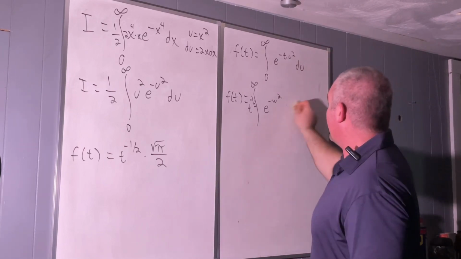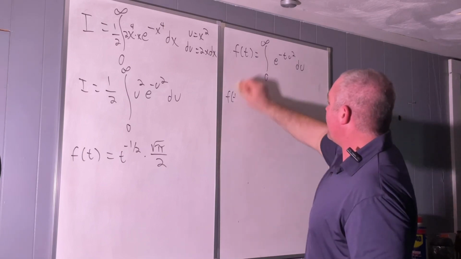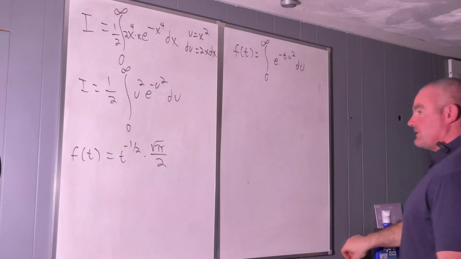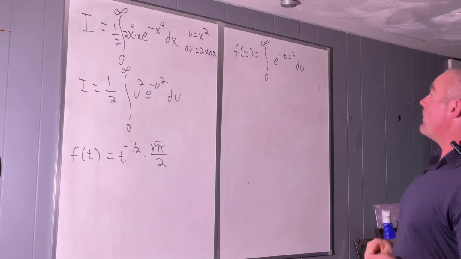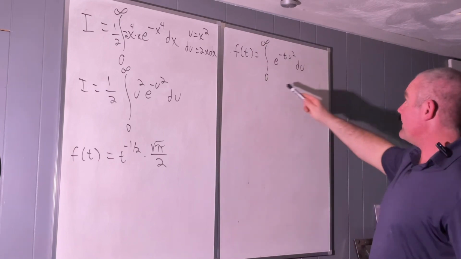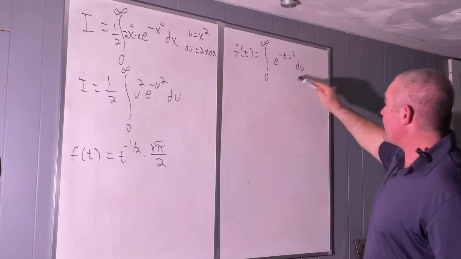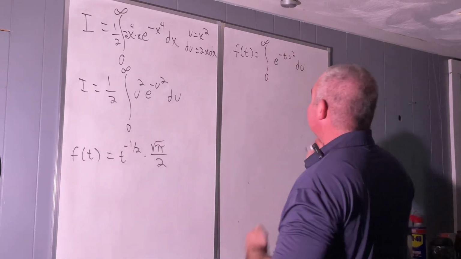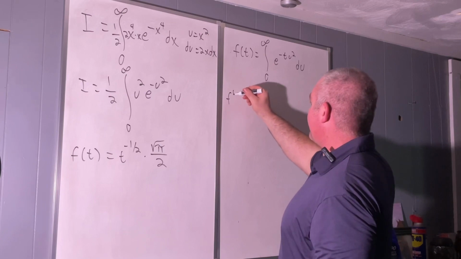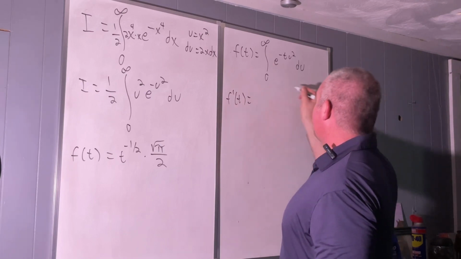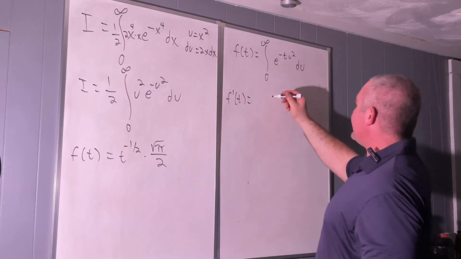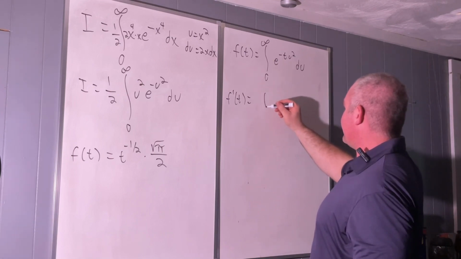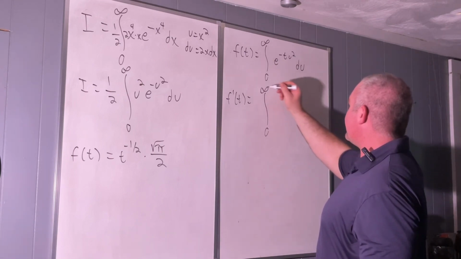All right, now how's that going to help us? Well, let's take a derivative with respect to t of this expression for f of t and this expression for f of t. All right, so that would give us our f prime of t in integral form would be equal to, we'll still have the integral from 0 to infinity.